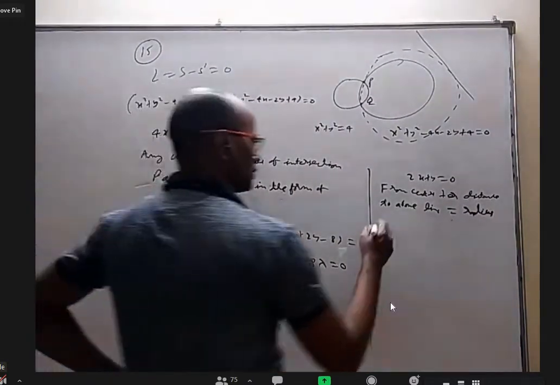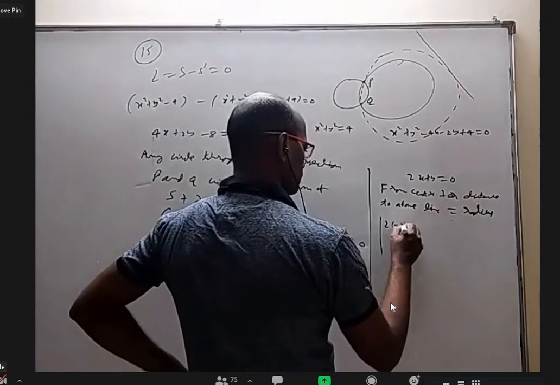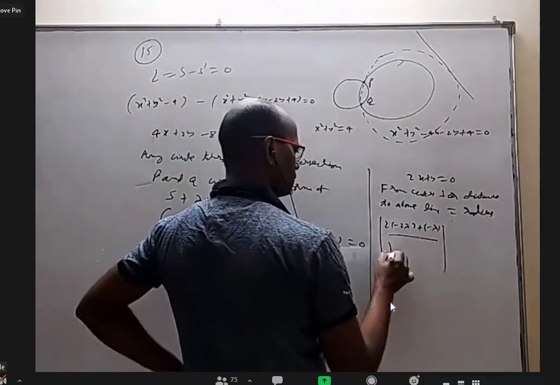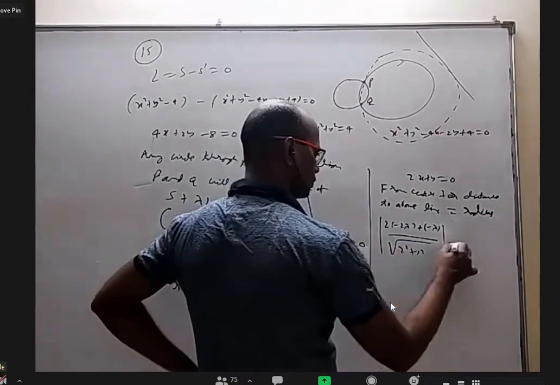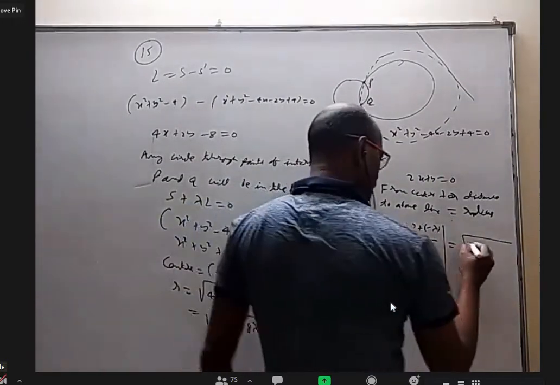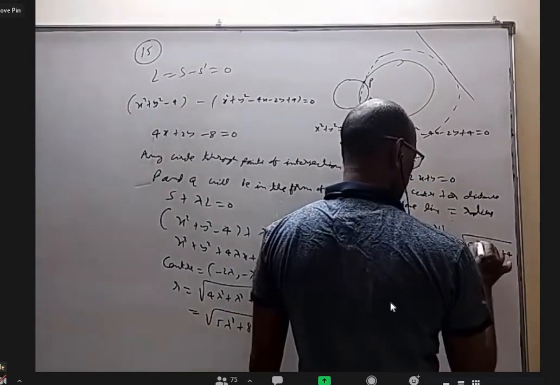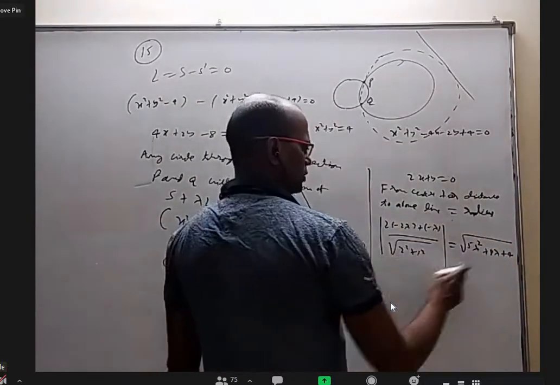Okay, what is the center distance? 2 into minus 2 lambda plus minus lambda by root over 2 square plus 1 square equal to root over 5 lambda square plus 8 lambda plus 4. Send this one here, square it.